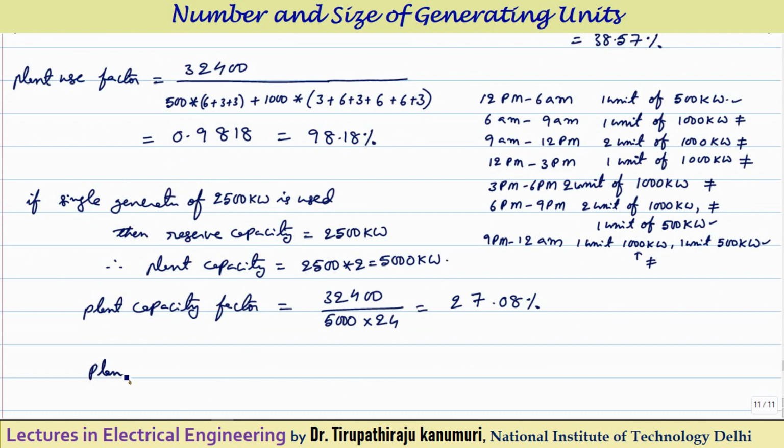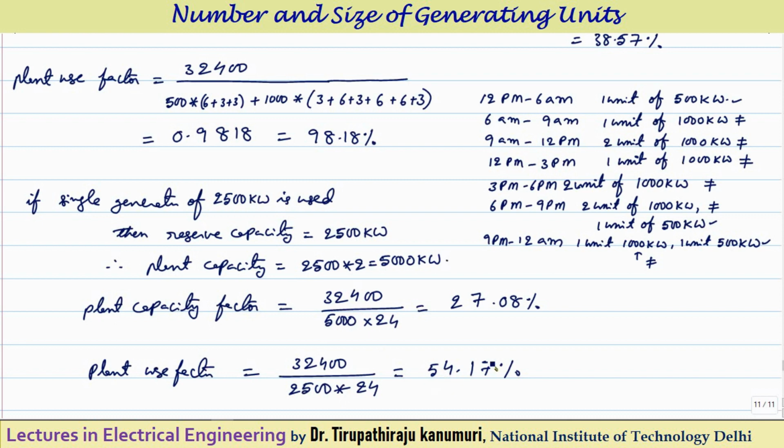Similarly, the plant use factor will be equal to 32,400 divided by only one unit running, that means the 2500 kilowatt unit running for the complete duration. This will be equal to 54.17 percent.